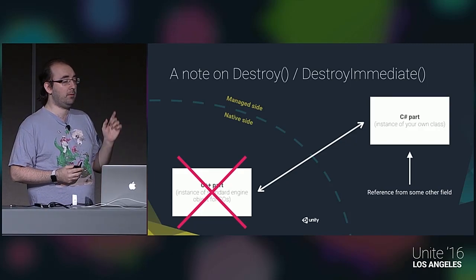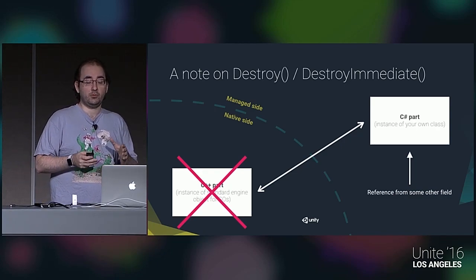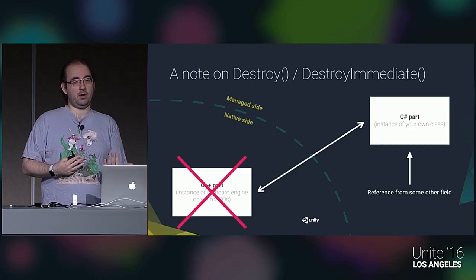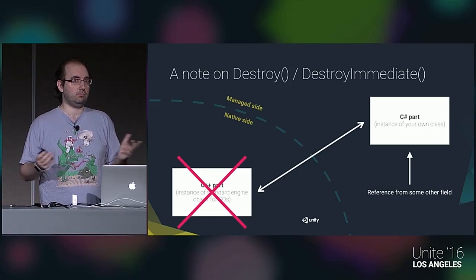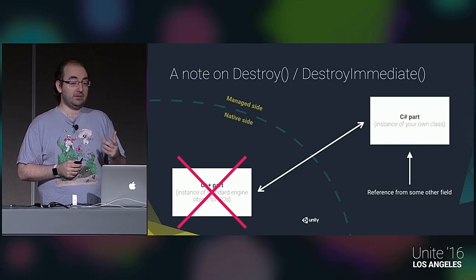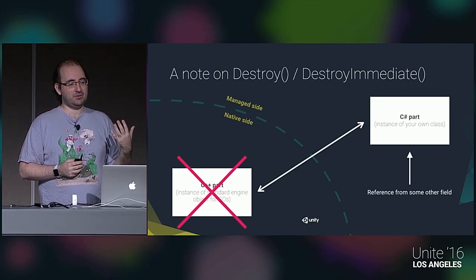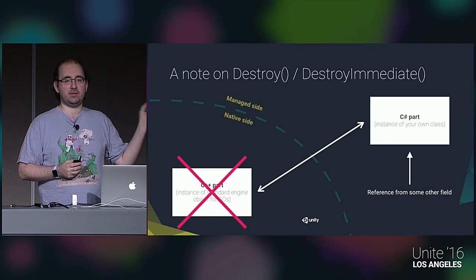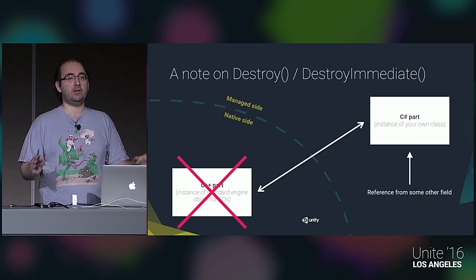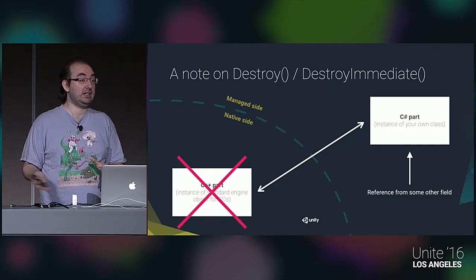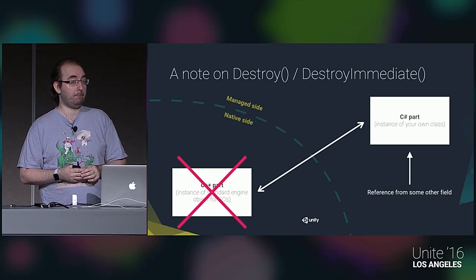This is a common problem people will run into sometimes, not just with ScriptableObject, but with any kind of asset that has this scripting component and a native component, which is all of them. Having destroyed it, the scripting wrapper, the managed part, can still be kept around by that reference from some other field. The only way to actually get rid of that C# part is to make sure nothing is referencing it anymore and then let the GC run. The GC will eventually clean it up at that point.